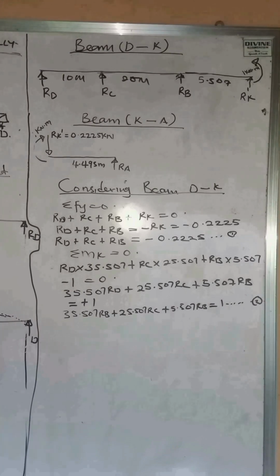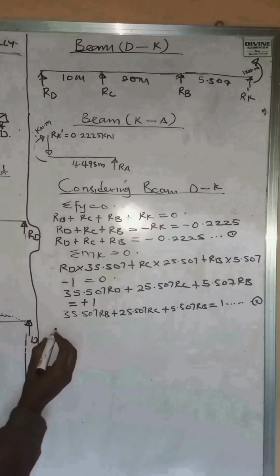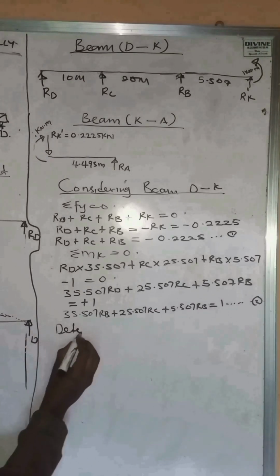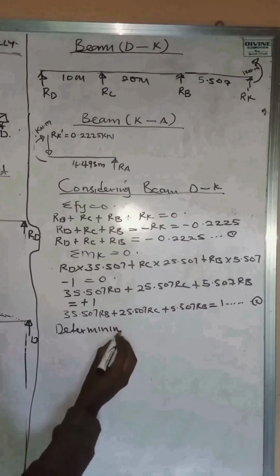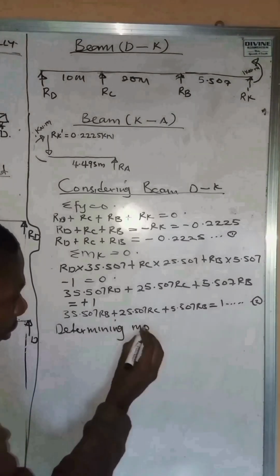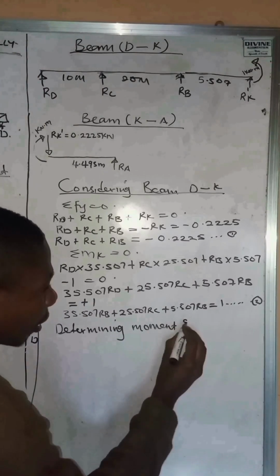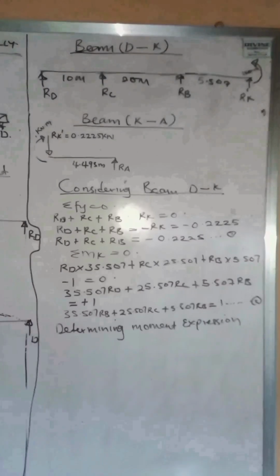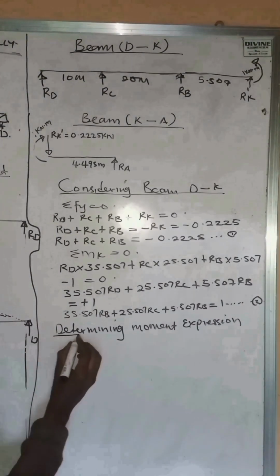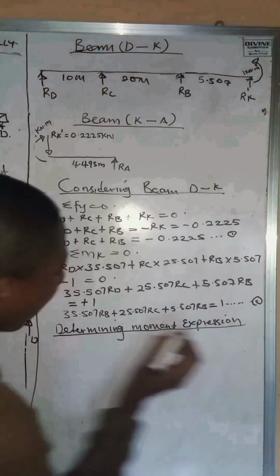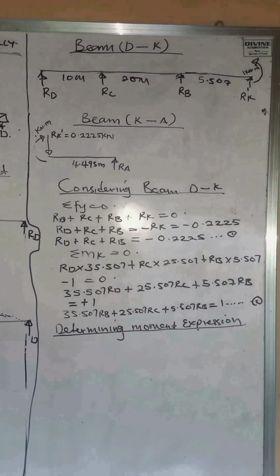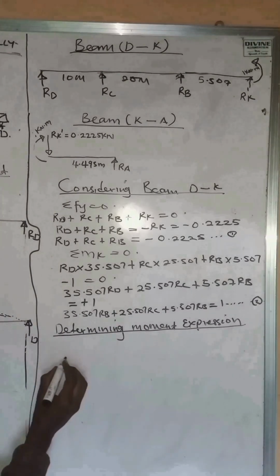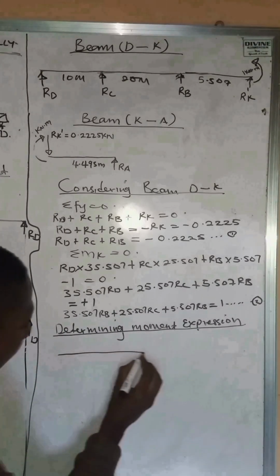So I have gotten equation 2. Remember, as it is, we have 1, 2, 3, 4 unknowns. So we can say determining moment expression. We needed to obtain the moment expression for this beam D to K. So let's redraw it.